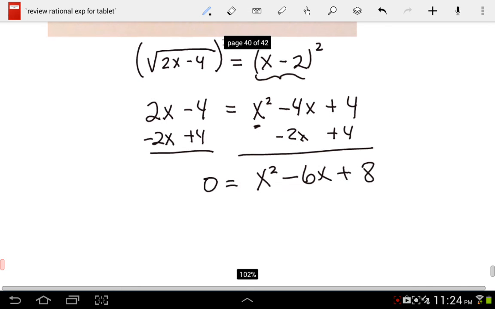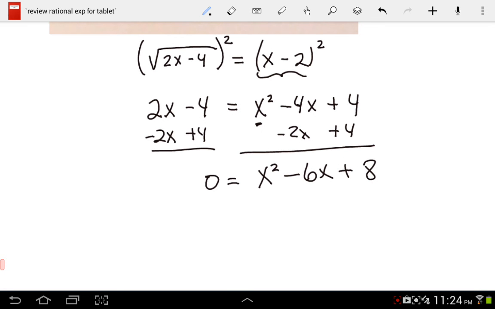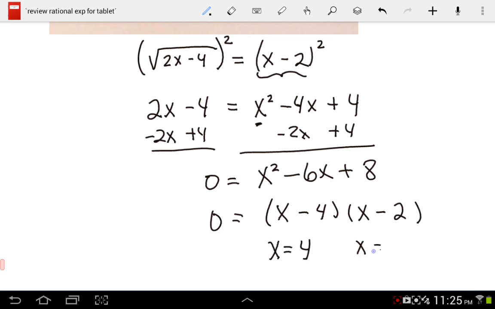Now factors of 8 that add to give me 6 would be 4 and 2. So it's going to be both negative, x minus 4 and x minus 2. So our solutions here are going to be positive 4 and positive 2.